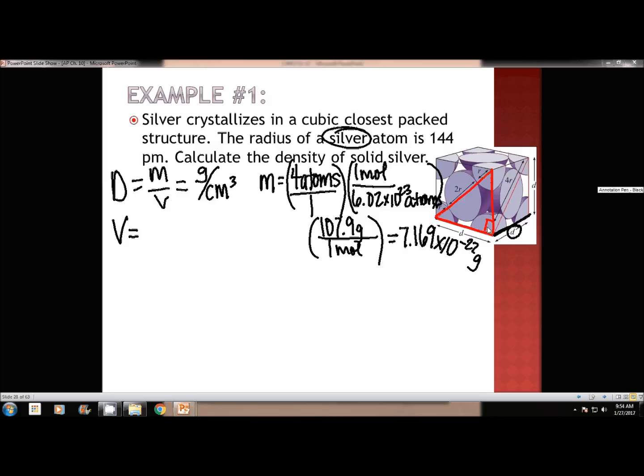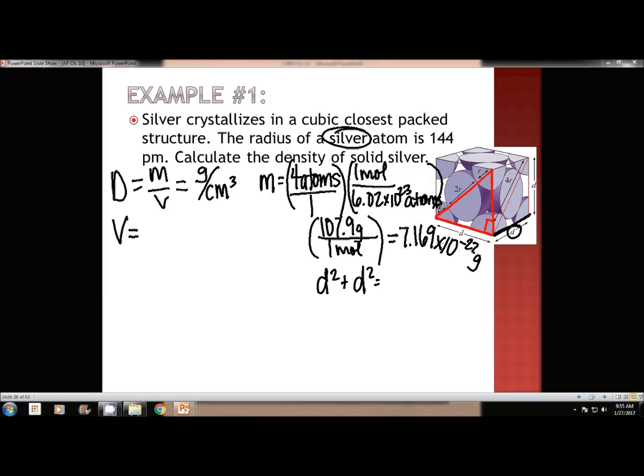So a squared plus b squared equals c squared, right? Back from geometry class. So d is the length of our 2 sides. So d squared plus d squared equals c squared, the hypotenuse.